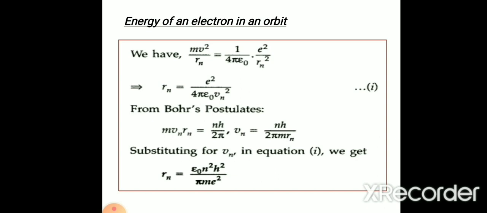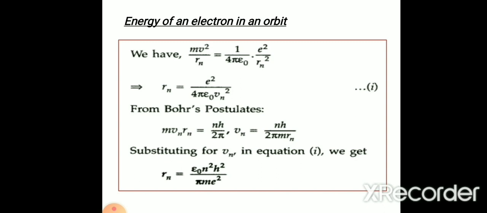Rearranging the terms in the above equation, we will get an equation for rn, that is radius of the nth orbit, rn is equivalent to e square divided by 4 pi epsilon 0 m vn square. Here it is denoted as vn since it denotes the velocity of an electron in the nth orbit.